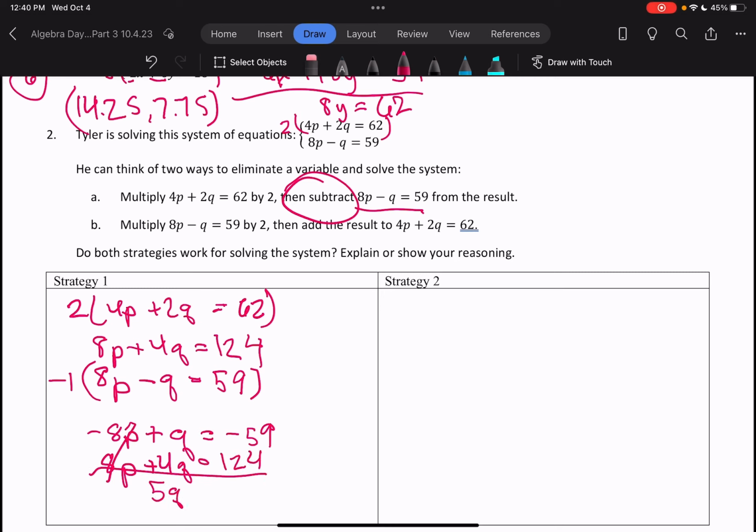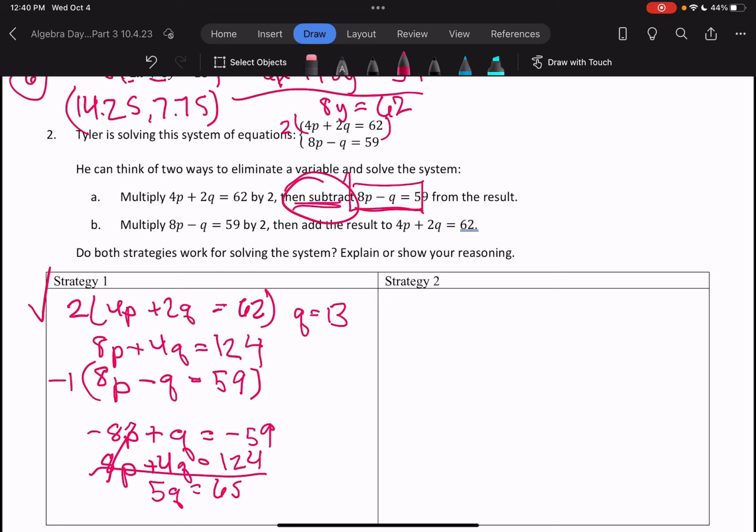We'll get 5q equals 124 minus 59, which gives us 65. Divide that by 5, and we get 13. So q equals 13. And then we could solve for p. So this does work if you multiply the top and then subtract. But we have to make sure we do that subtraction piece.